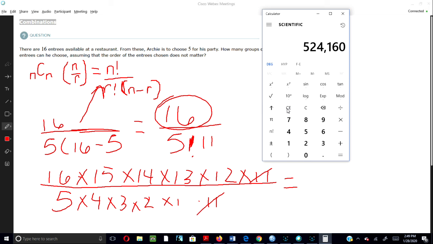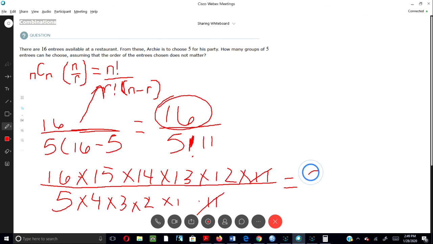Okay, and that gives me 524,160. And once you multiply all of these numbers, 5 times 4 times 3 times 2 times 1, that leaves you with 120.